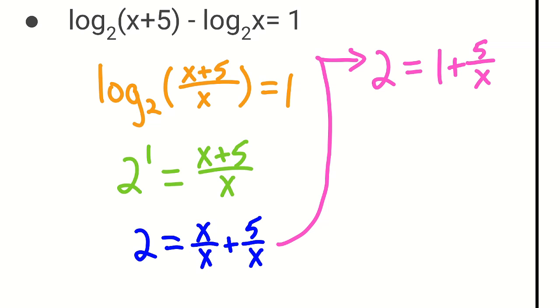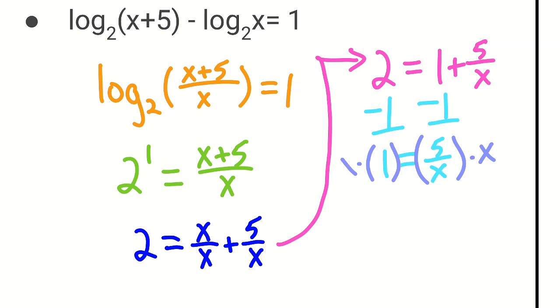This was tricky, really tricky. Now we're going to subtract 1 from both sides, and we get 1 is equal to 5 over x. Now, if we multiply both sides by x, we get x equals 5. Whew.